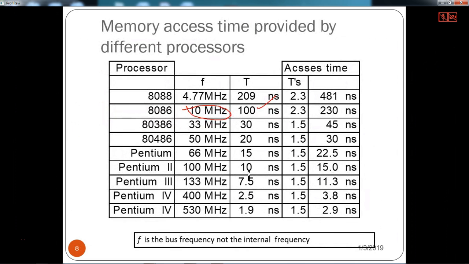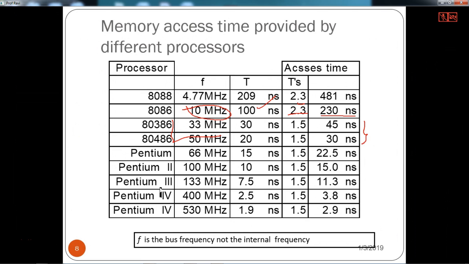And for various processors, the access times are this way. For 8086, if it is working at 10 megahertz, then each T state is 100 nanoseconds, and the access time is 2.3 T states, 230 nanoseconds. Whereas in 80386 and 486, where more pipelines are incorporated, the memory access time would be 45 nanoseconds or 30 nanoseconds.